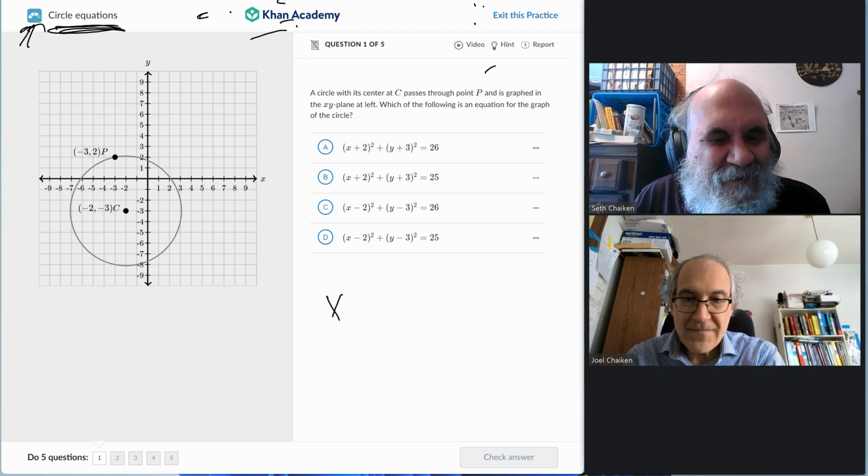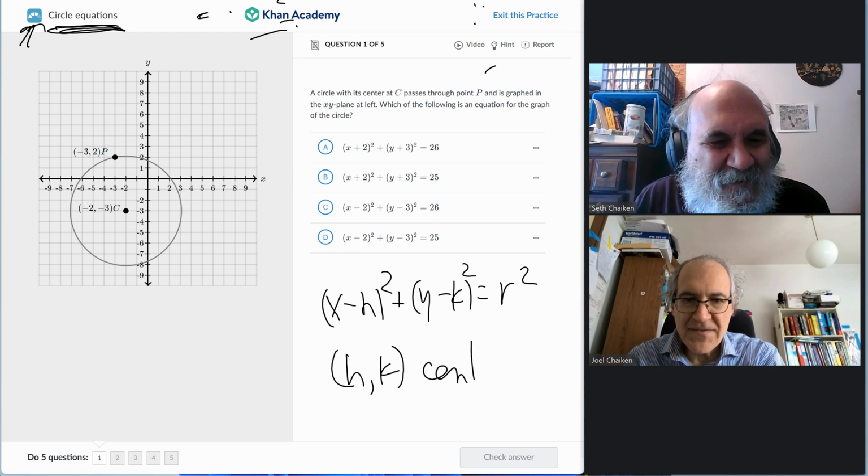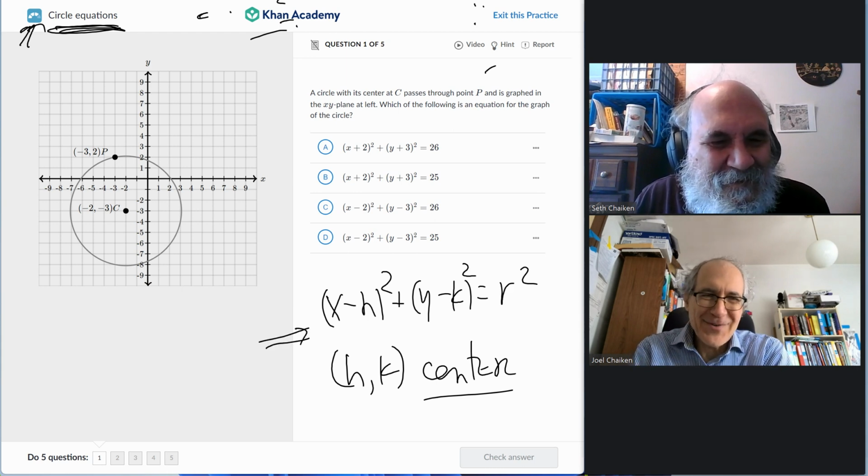It's (x minus h) squared plus (y minus k) squared is equal to r squared, where (h, k) are the coordinates of the center. That is very helpful with circle equations. That's the key point. This is the equation of a circle.